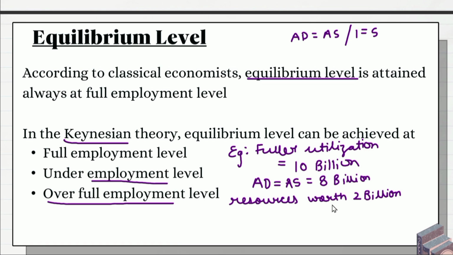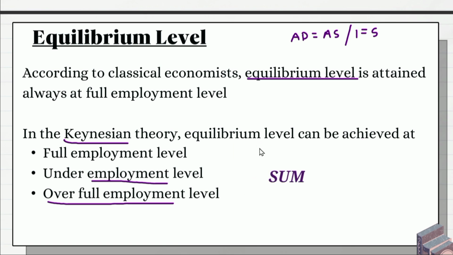Why? Because here AD is equal to AS, but an economy can produce output worth 10 billion, but it is producing only 8 billion. So when it will produce the output worth 10 billion, it would be full employment equilibrium, and when it is producing output worth 8 billion, it would be underemployment equilibrium level.